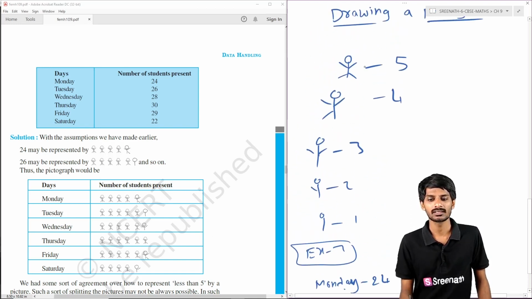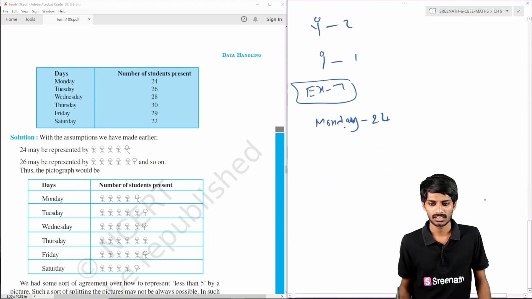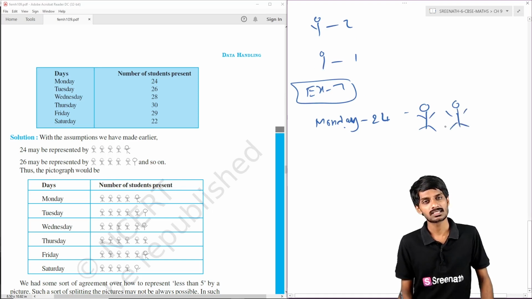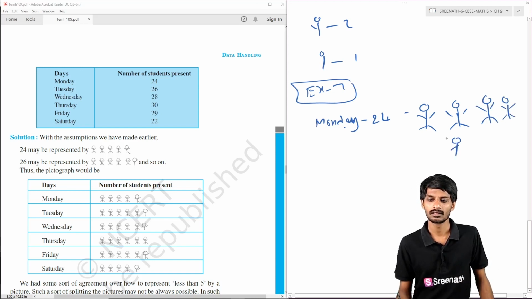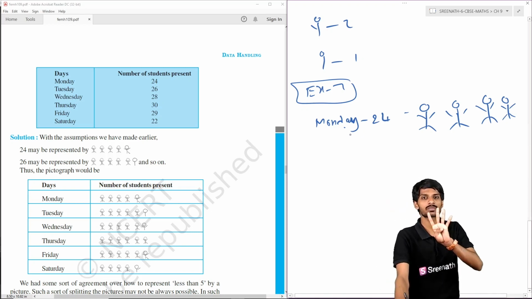So if you write, it is the 5. It is the 5. 5 plus 5, 10. It is the 15. It is the 20. So after 20 there is 24, so we have to represent 4 only.